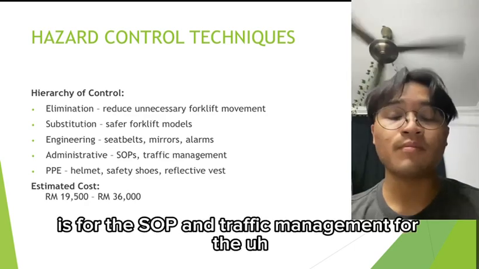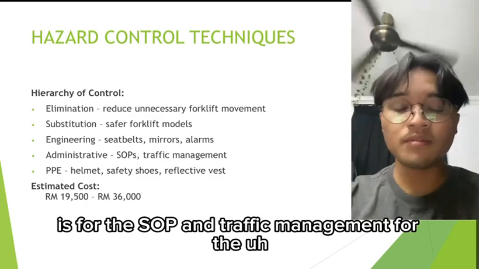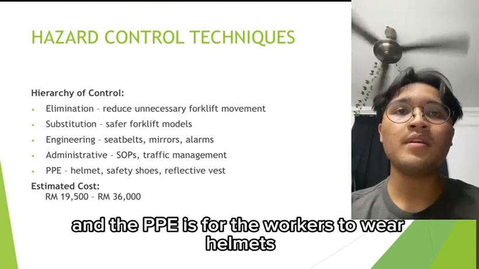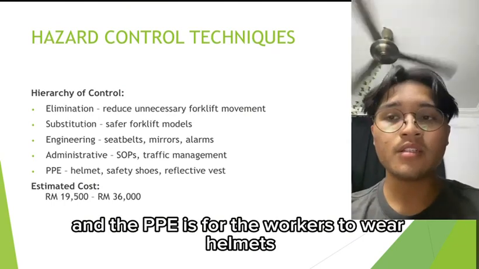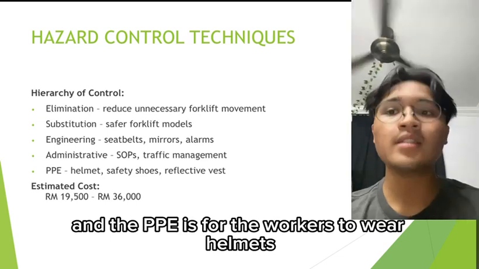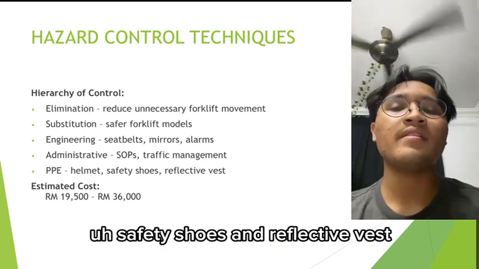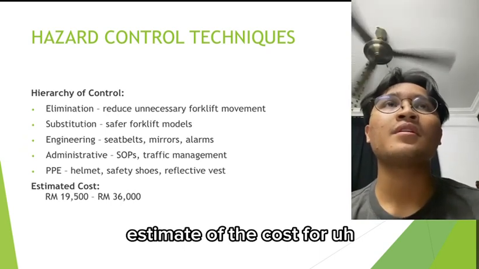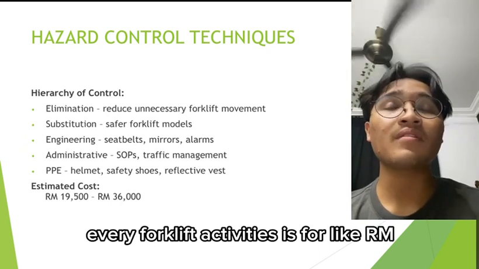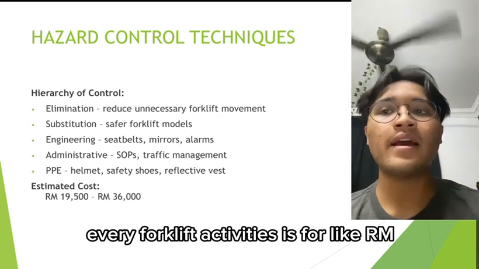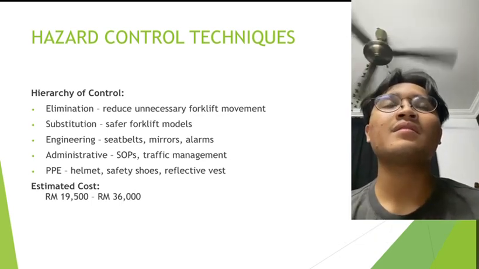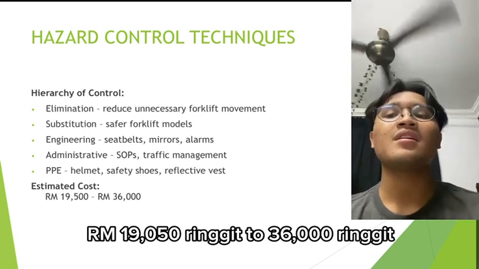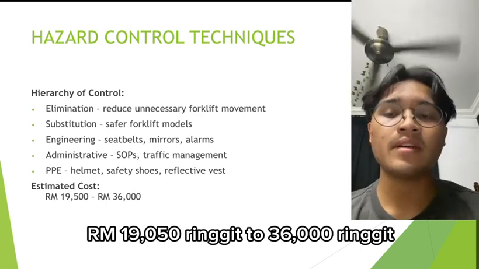Administrative is for the SOP and traffic management for the forklift. And the PPE is for the workers to wear helmets, safety shoes, and reflective vests. Estimate of the cost for every forklift activity is around RM19,050 to RM36,000.